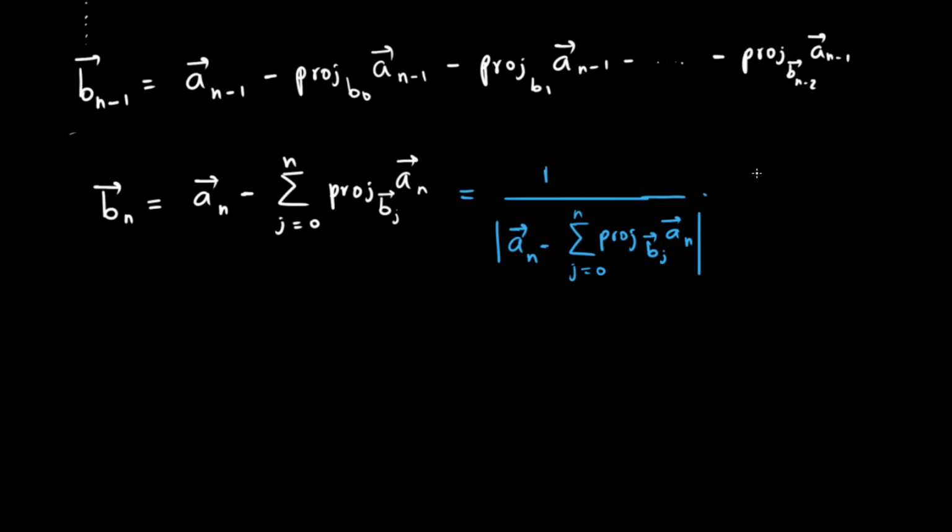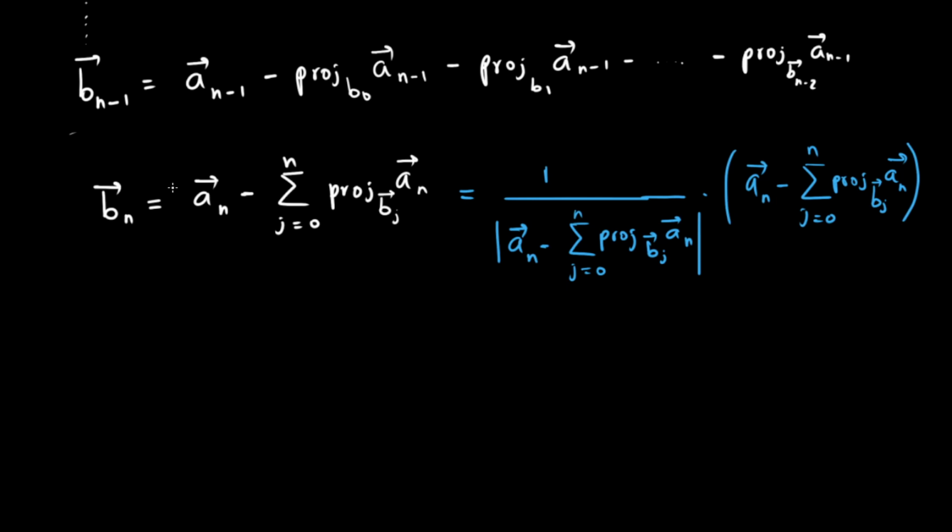Multiply by the vector. The vector is a of n minus the sum from j equals 0 until n of the projection of a of n onto b of j. Okay, so this is the complete one.